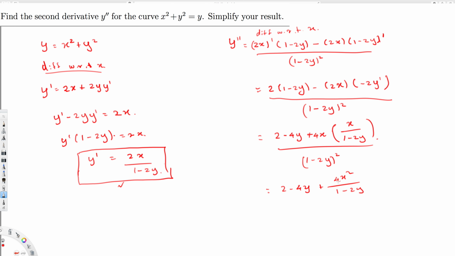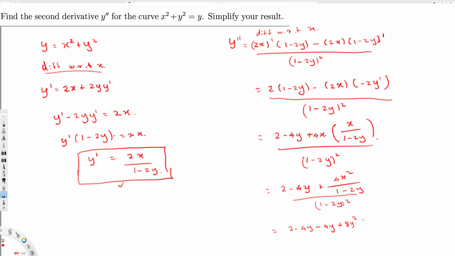Now I can find the common denominator on both sides. To get the common denominator, I have to multiply this one by this, and the bottom is going to remain the same, 1 minus 2y squared. If I multiply this one by this, the first one is going to be 2 minus 4y. The second one is going to be minus 4y, and minus 2y times minus 4y is going to be plus 8y square.